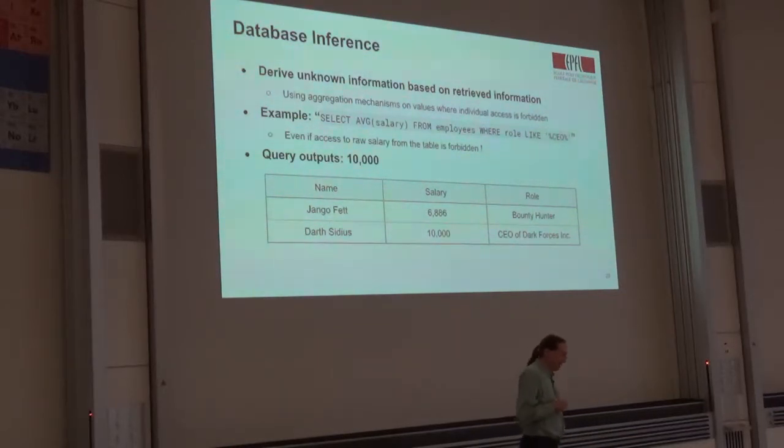Now, this is a very simplistic example where the database logic doesn't allow ordinary users to submit arbitrary queries, but does allow you to query, say, the average salary among a group of users, a large range of users.